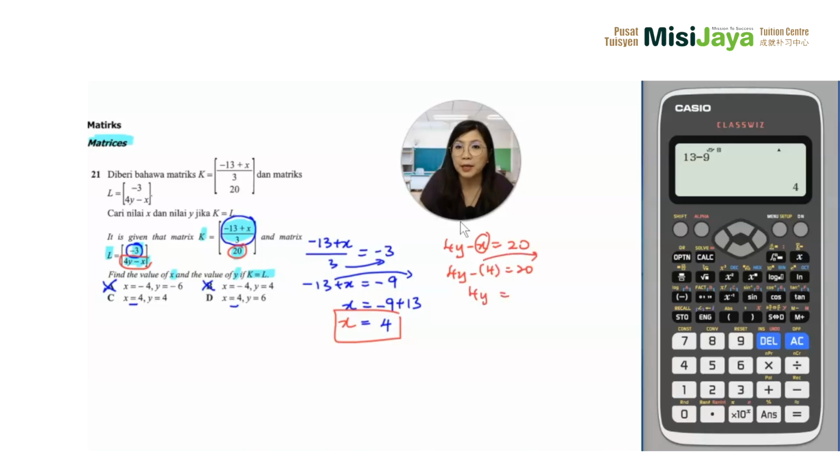Negative 4 brought over becomes plus 4, so 20 plus 4 is 24. So 4 times y is 24, and whenever you shift the 4 over, it becomes divide. Times, divide, times, divide. So 24 divided by 4 is 6. So y is 6. Among A, B, C, D, the answer is D.